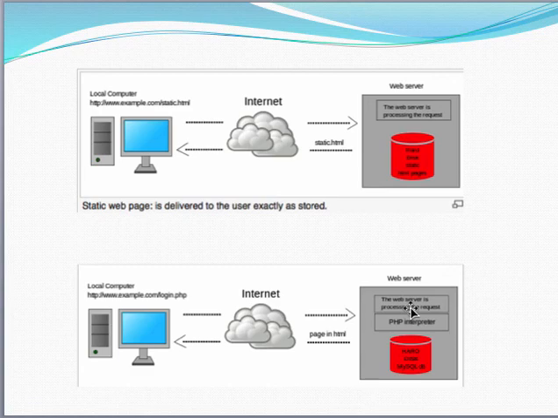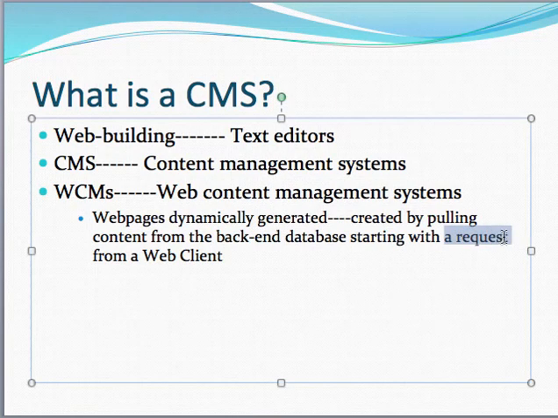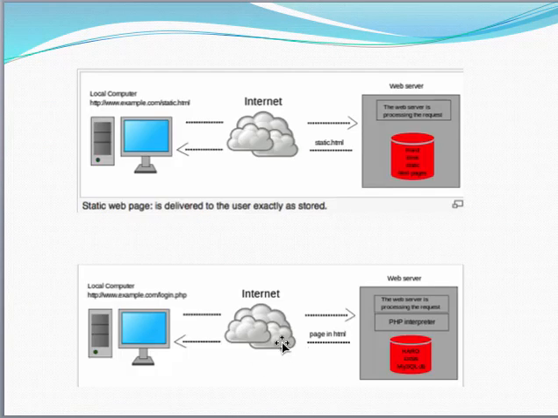A database that normally uses SQL, and we will see what SQL is later on. So in this case, when there is a request, the page will be created with the information that PHP will retrieve from the database.